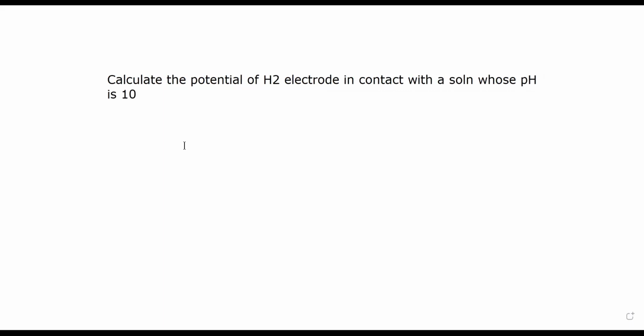So I want everyone to attempt this and send me the answer to my WhatsApp. Yeah. So I'll be waiting for the answer. So this is the application of the SHE, the standard hydrogen electrode, that same thing.